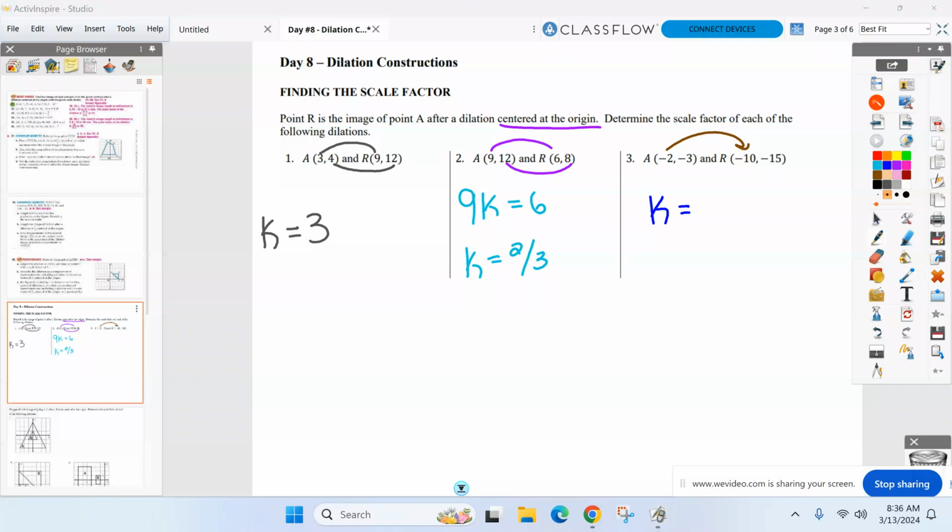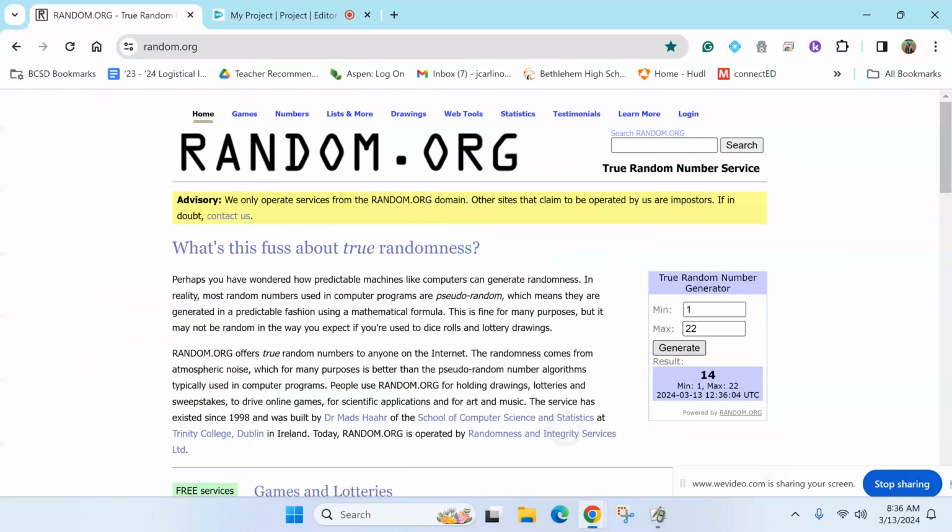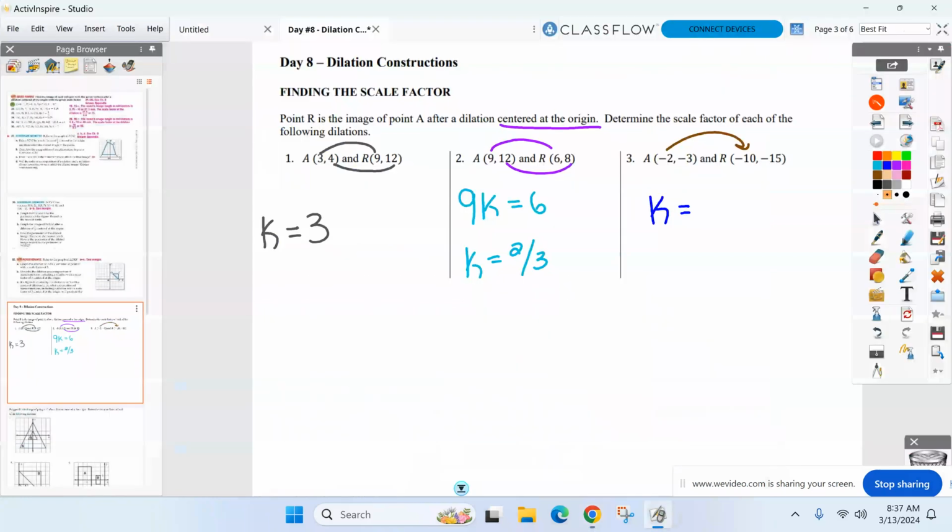And that scale factor is going to be... Stella? 5. Positive 5. Questions, comments, any concerns? No big deal.